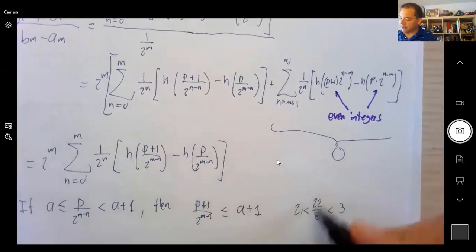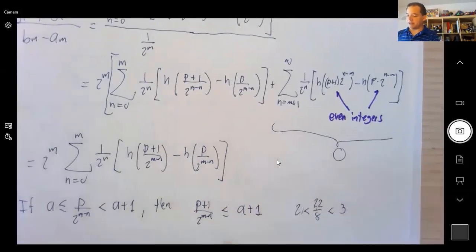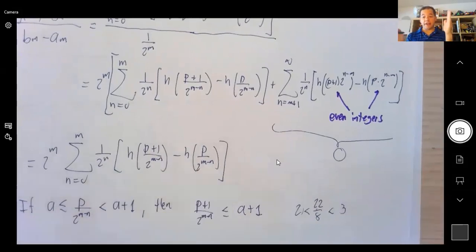If you add another 1/8, you're still less than or equal to 3, right? So that's exactly what we're saying here. These two numbers have the same integer part. So when we do one minus the other, it is either the same or minus the same, right? So h of x minus h of y is either x minus y or y minus x.